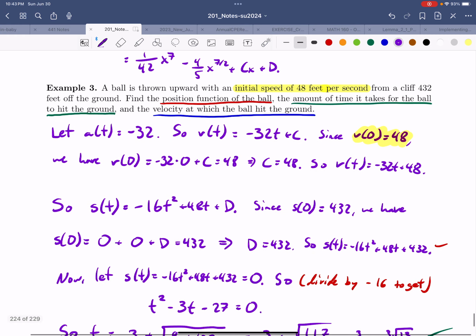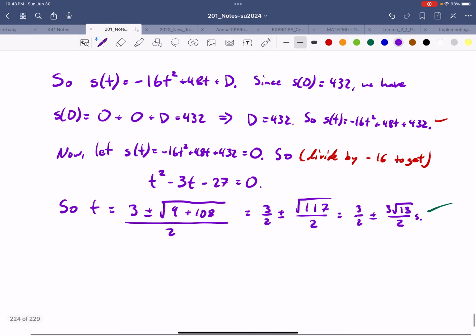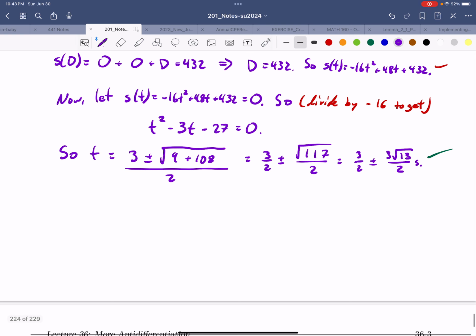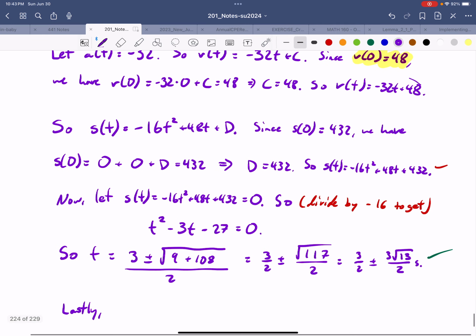Last but not least, it says find the velocity at which the ball hit the ground. Now, this is a little tricky. But what you need to notice is that we know what time the ball hits the ground. We just need to know how fast it's going. Well, we know how fast it's going at any given time thanks to v of t.